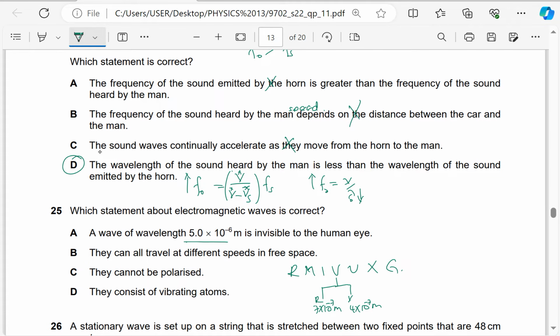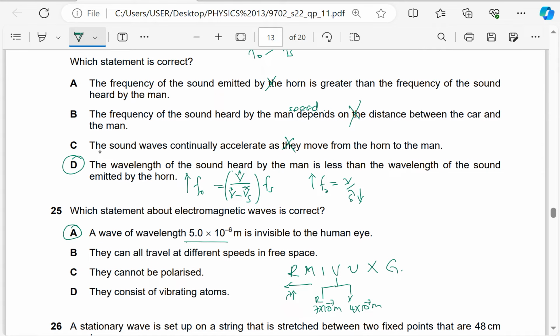So negative 6 is on this side because wavelength is increasing to the left hand side. So 10 to the negative 6 meters on the left hand side is beyond the visible spectrum, so these are going to be invisible.